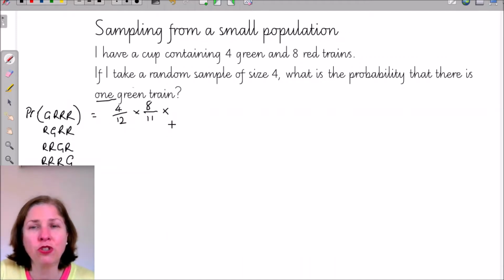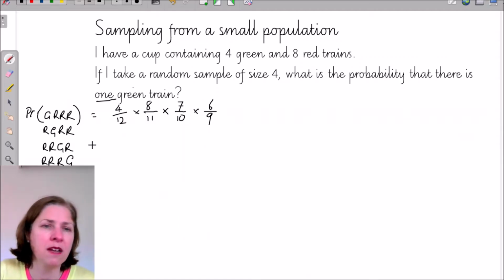The next one I choose is also red. There are 10 trains left, and 7 of them are red because I've taken one out. And for my last train, there are now 9 left, and 6 of them are red, so the probability of that last red one is 6/9. Okay, green, red, red, red.